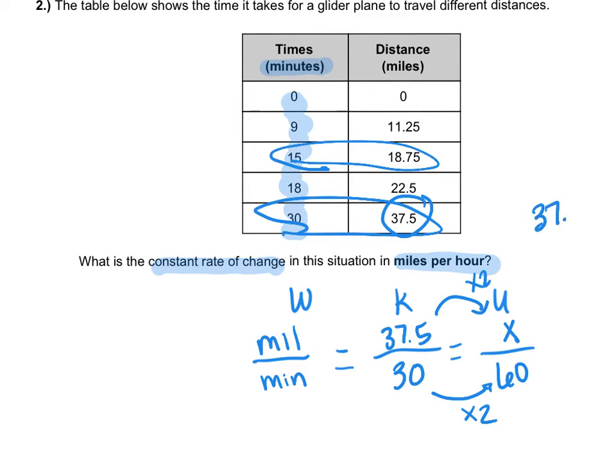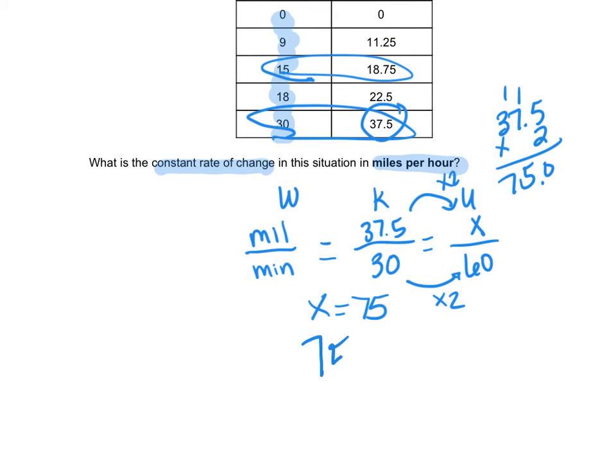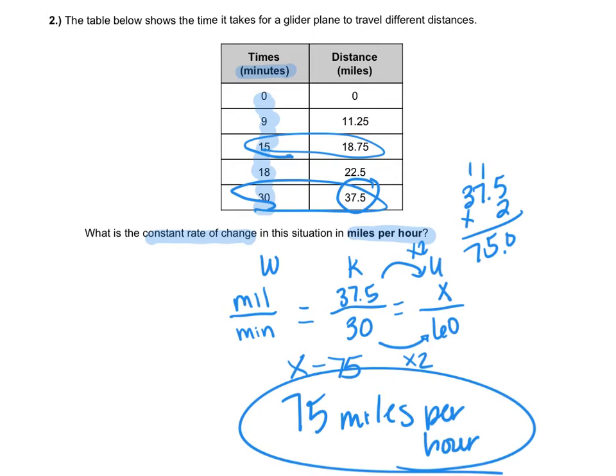So 37.5 times 2 is 75. So I'm going to go 75 miles in 60 minutes, or 75 miles per hour. Okay? You good with that? Find the ratio that best helps you, that you can easily manipulate.